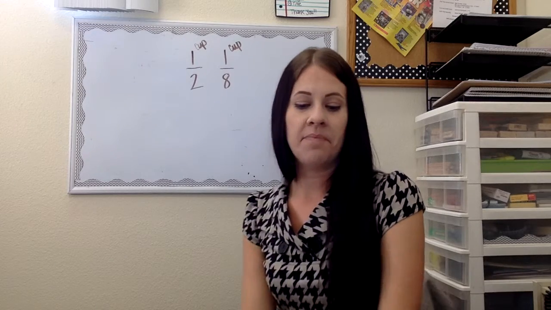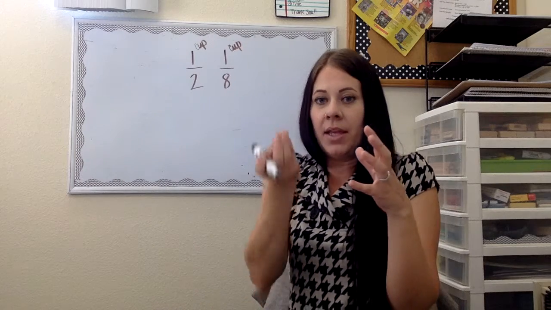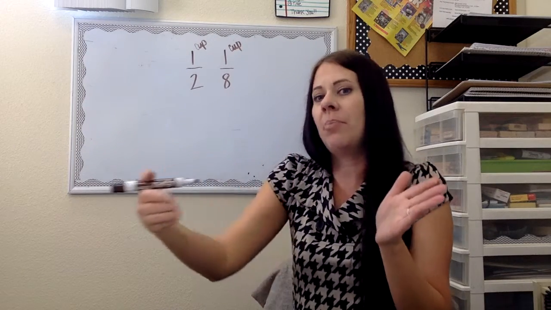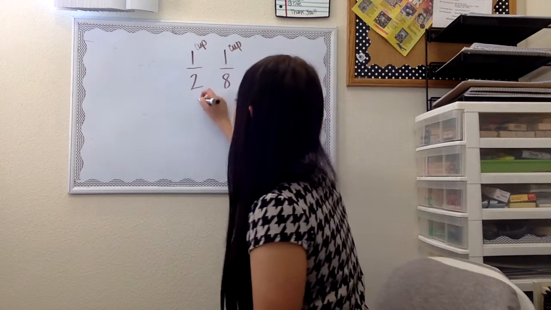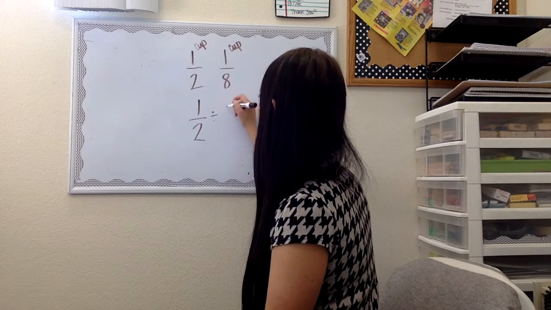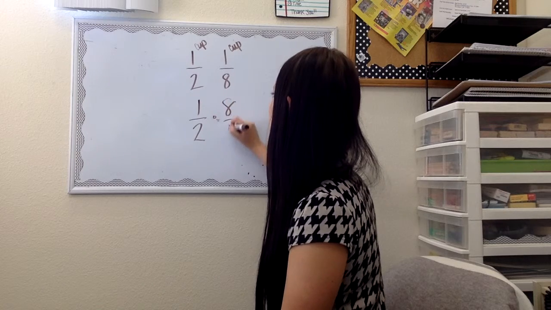If we have this amount and we're fitting another amount into that first amount, or seeing how many we can separate it into, that's division. So I would just set this up, 1/2 divided by 1/8, which means it's really times 8 over 1.